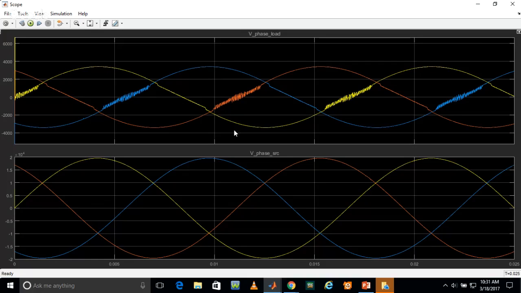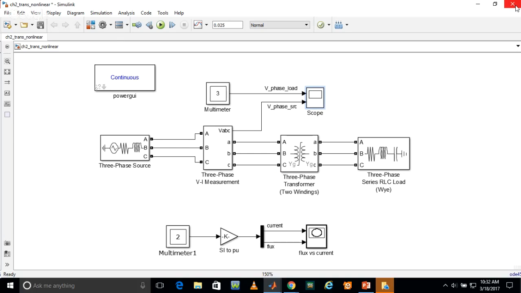Because in the source, no hysteresis was present. But after connecting it with the non-linear type transformer, hysteresis is present and our waveforms are coming distorted because of hysteresis. So this is the way to connect a three-phase RLC load using a non-linear type transformer.